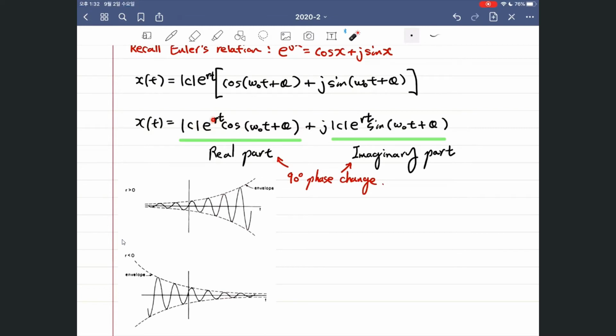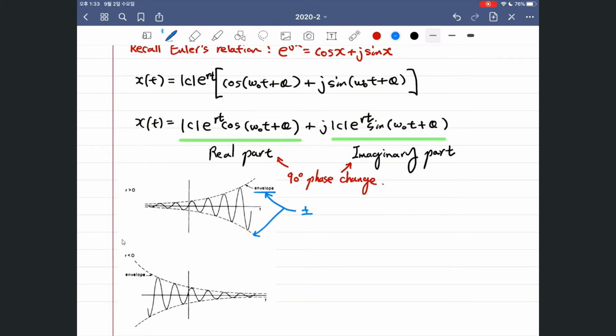If r is bigger than 0, then obviously this complex exponential grows as time goes on. And if r is smaller than 0, then it decays as time goes by. The envelope here, represented by the dashed line, these two envelopes, we can express as plus minus because we have two envelopes.